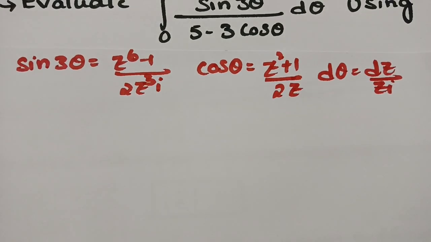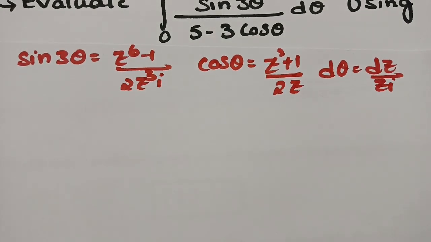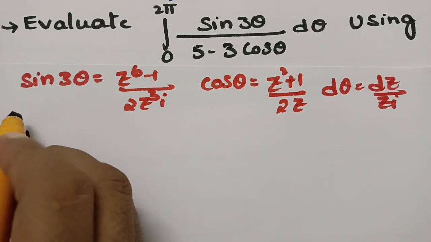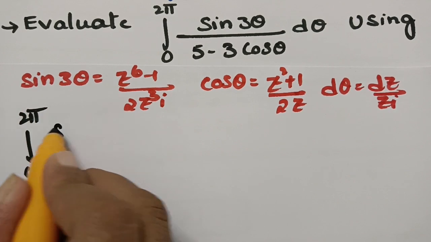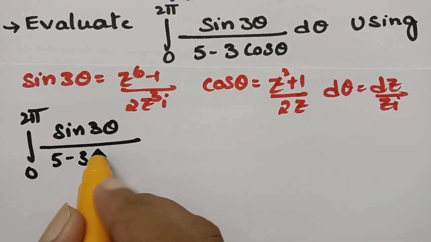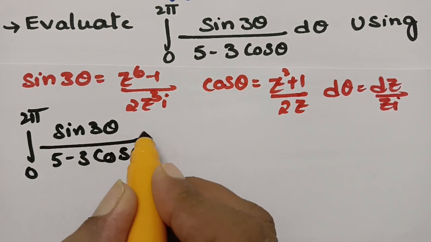Now I am going to substitute in this integral. The integral here is very clear: integral from 0 to 2 pi of sin 3 theta by 5 minus 3 cos theta into d theta.